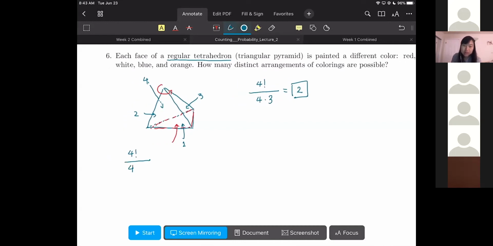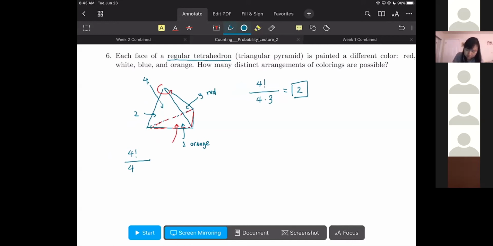At the same time, whenever we have the orange face down, we could still rotate so that, say, the red face points to any face we choose. So let's say we colored this one orange and this one red.